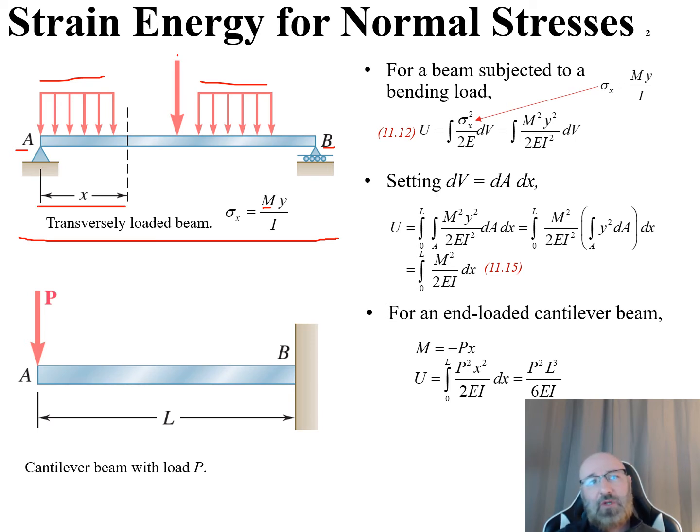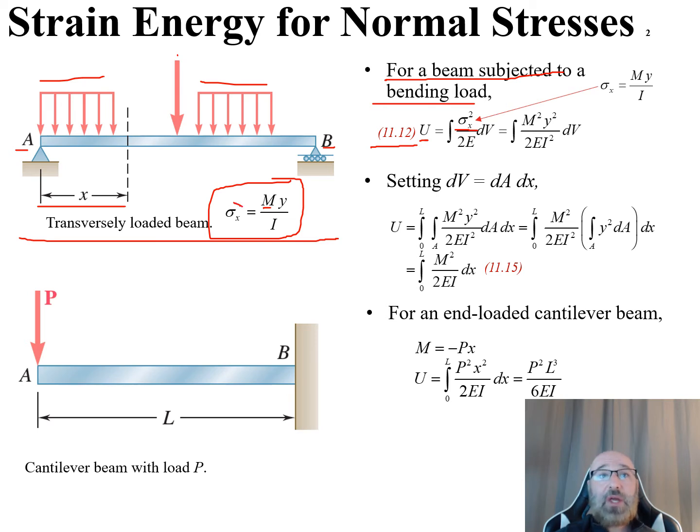Now with this, what we're going to do is neglect the effect of shear and take into account only the normal stresses. So we're going to utilize this equation here for our normal stresses, that our sigma sub x is equal to our moment M times y all over I. Now what we can do with this is we can come up here. So for a beam subjected to a bending load, we have this relationship here from equation 11.2, where U, our strain energy, is equal to the integral of our sigma x squared all over 2E dV, which we showed previously within this module.